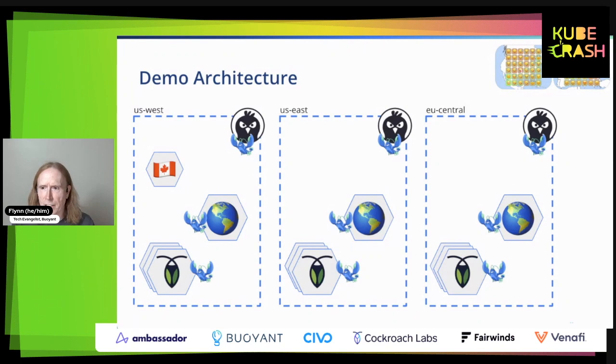I believe that Rob from Cockroach will be talking quite a bit more about the database underneath. In US East, that's where our American user lives. And in EU Central, we have the German and Spanish users for Europe.